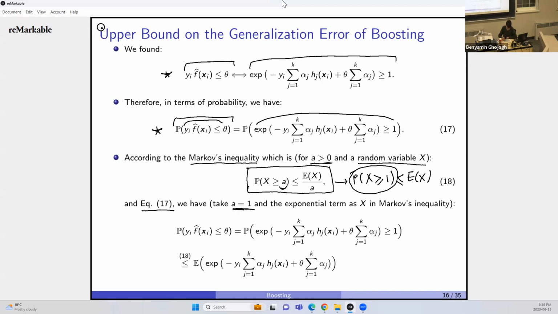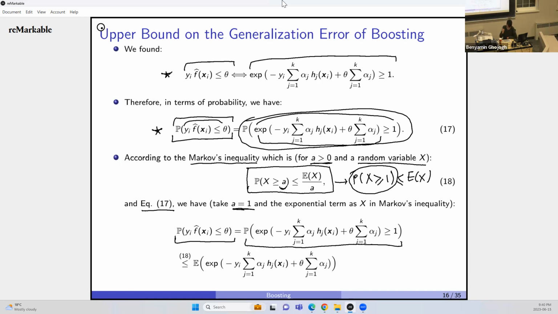Interestingly, this is the right-hand side of equation 17 if we set this to be x. Now let's see. I start with the left-hand side of equation 17. According to equation 17, this is equal to this. According to Markov's inequality with a equal to 1, it's less than or equal to this expectation.